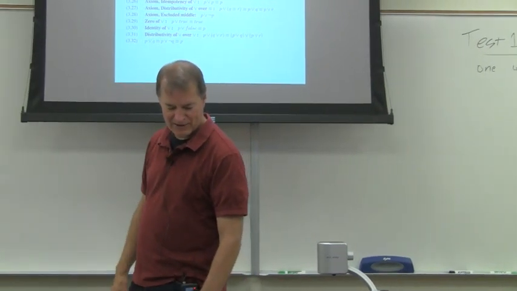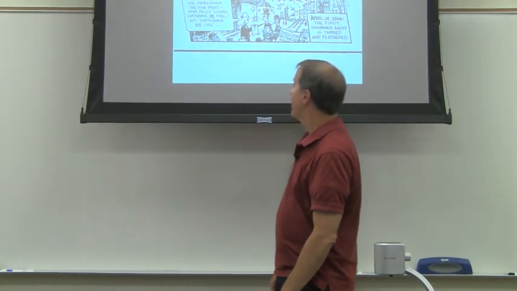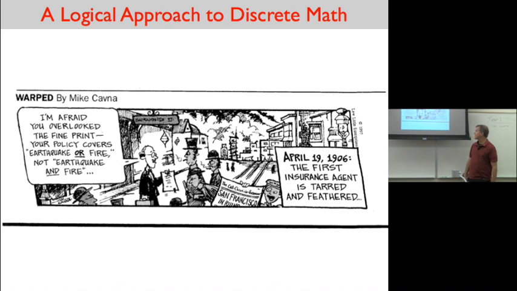Anyway, here's my cartoon. April 19th, 1906. The first insurance agent is tarred and feathered. You know your history about the San Francisco earthquake and fire. There was a huge earthquake in San Francisco, and because of it the city caught on fire, and practically the whole city burned down.